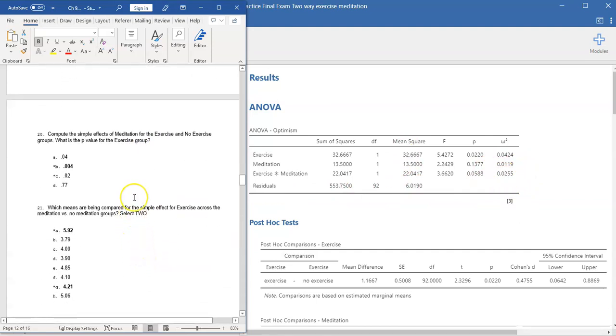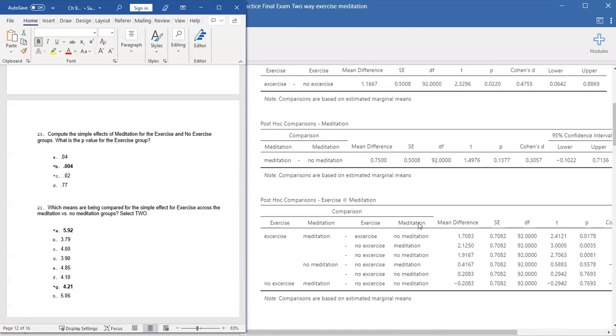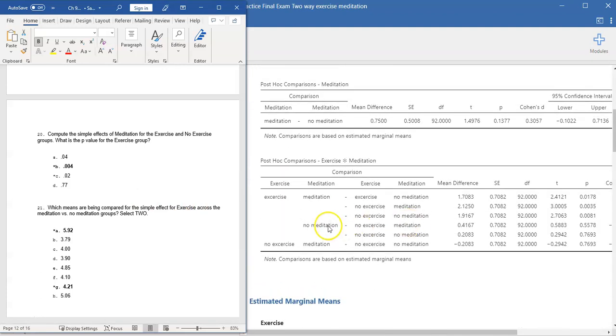Now you want to compute the simple effect for the exercise, no exercise groups. So you want to go down to here again, the simple effect for the meditation across exercise. So you want to compare groups that have both meditated.